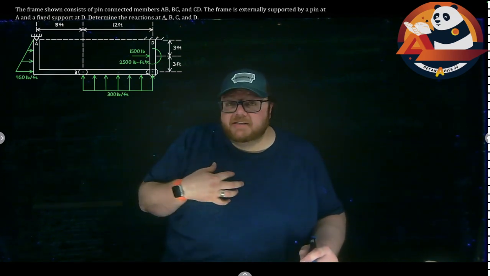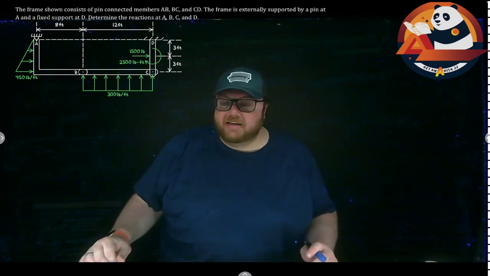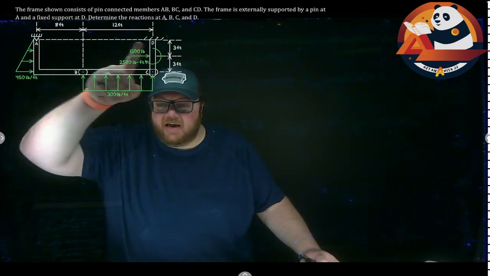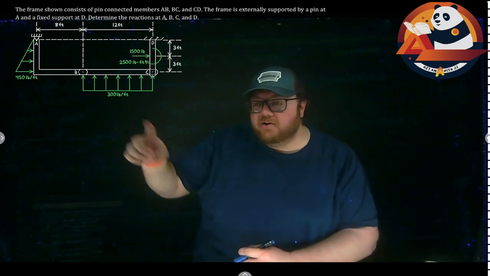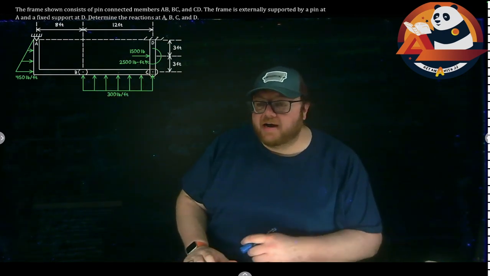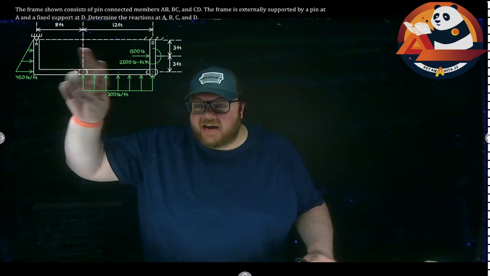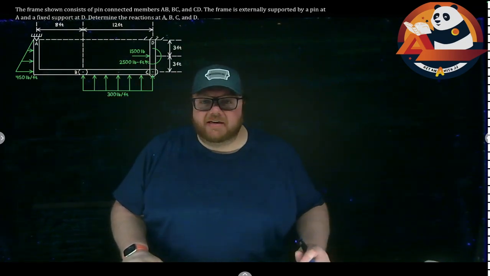Which means we move on and ask, can I draw a free body diagram of the entire object and try to find anything there? If I look at this, I would be cutting through A and the fixed support. B and C get internalized, so I don't need to include BX, BY, CX, or CY on an overall free body diagram. Still, counting my unknowns, I would have AX, AY, DX, DY, and a moment at D. That's 5 total unknowns, way more than I can deal with.